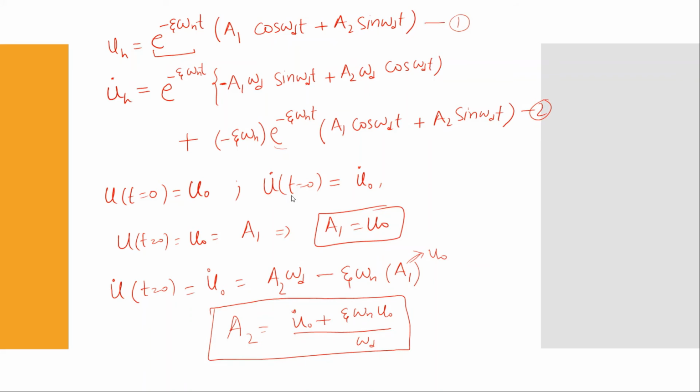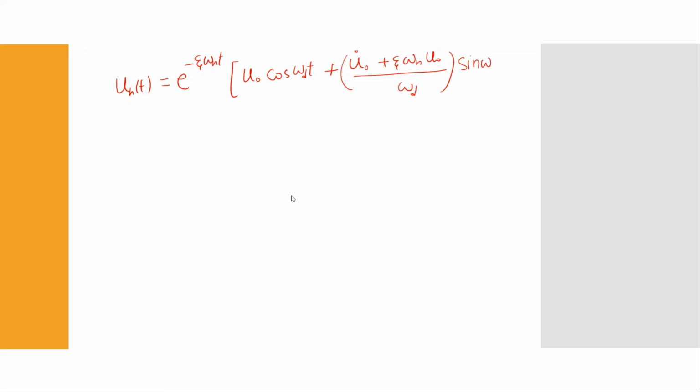So now we can write the homogeneous solution as u_h of t equals e to the power minus xi omega n t, into u0 cos omega d t plus u0 dot plus xi omega n u0 upon omega d, into sine omega d t.